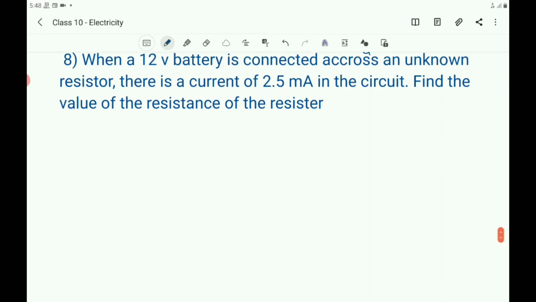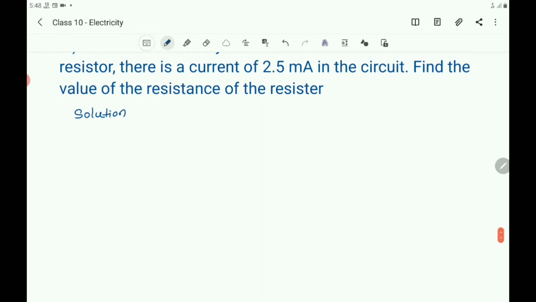Now you write given, solution. What is given here? V equals 12 volt and I equals 2.5 mA, that is milliampere.